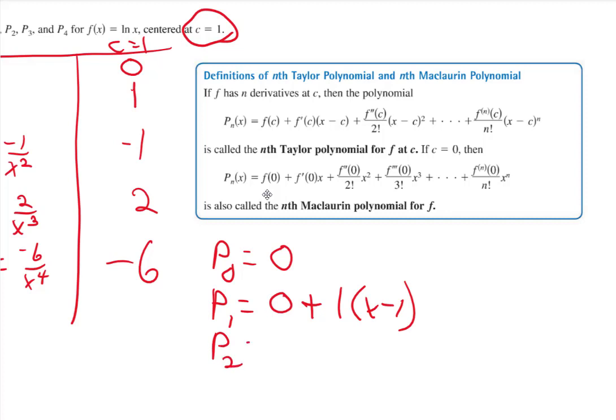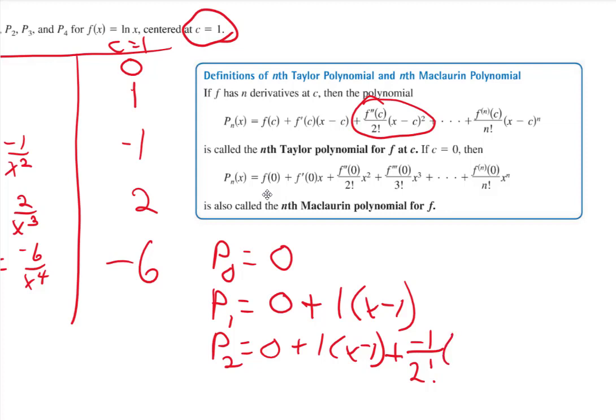The P2 would be the same as P1 plus, now we're using the second derivative, which is negative 1 over 2 factorial times x minus 1 squared. Why are we putting 1 in for c? Because we're centered at 1.